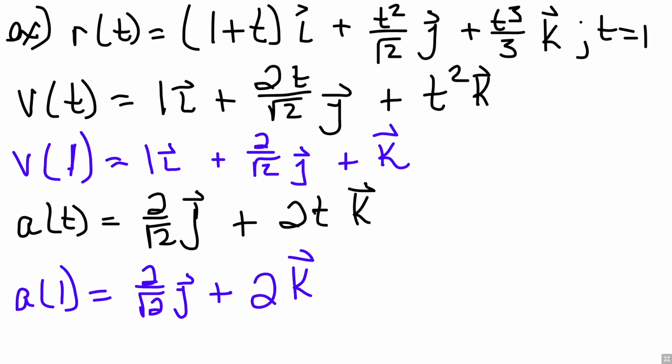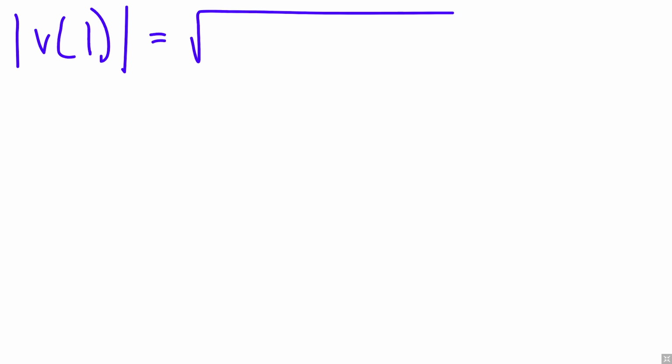Okay, so that is going to be the first part. So continue on with the problem. The next piece that we're asked to do is find the speed at the given time. So we're going to look at the magnitude of the velocity vector at 1. We're going to end up with the square root of 1 squared plus 2 over the square root of 2 squared plus 1 squared.